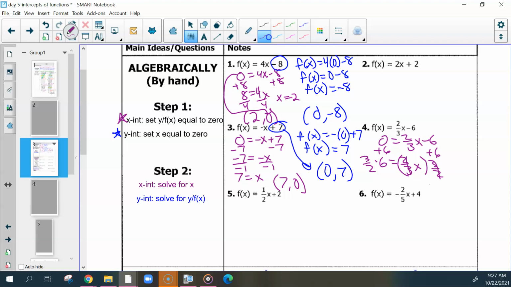What would 3 over 2 times 6 be? So your ordered pair would be 9, 0. What would your y-intercept be? 0, negative 6.